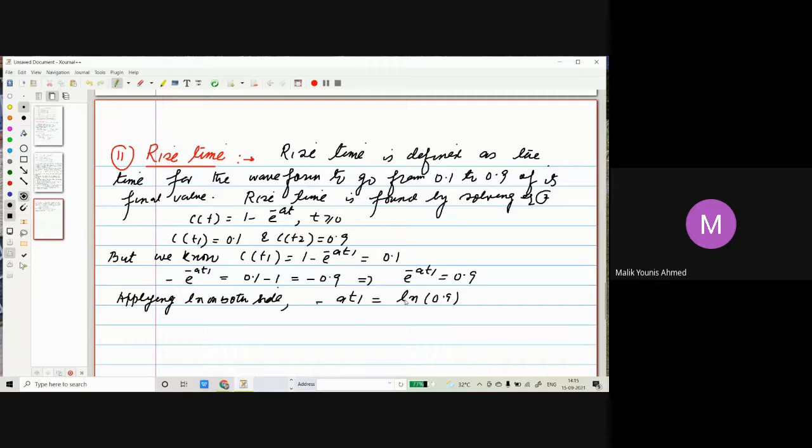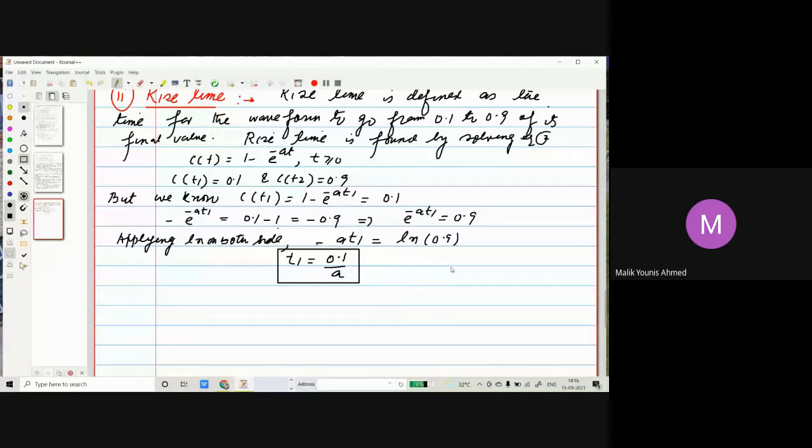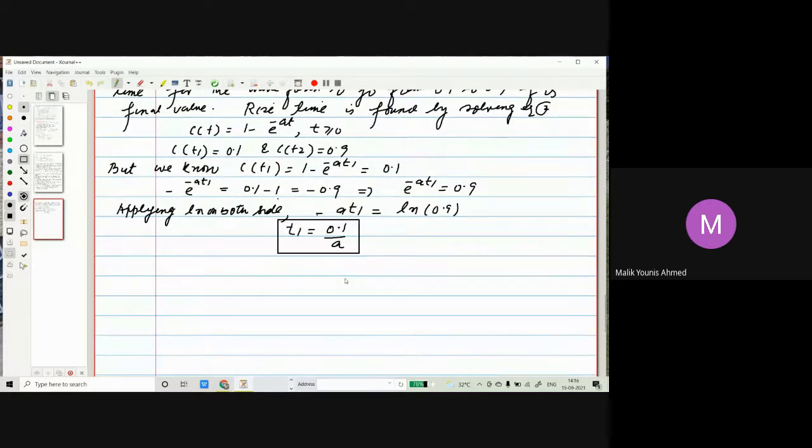If you can calculate from here, the value you are going to get for t1 is 0.1 by a. This is the first value you are going to get. After solving this natural log, some value will come out here, that will be minus 0.1, so minus 0.1, t1 will be 0.1 by a. Let us call it equation one.